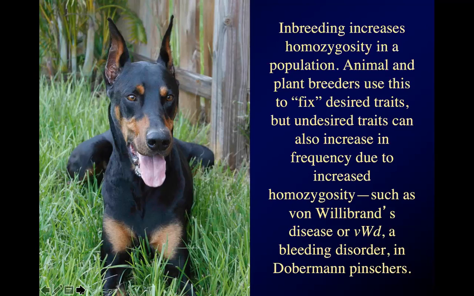And so when breeders are creating a breed or a strain of animal or plant, it works in plants as well, they'll use inbreeding to fix desired traits, because what you want is a bunch of horses or a bunch of Dobermans or a bunch of whatever species it is that are all homozygous for the genes that you want to have.